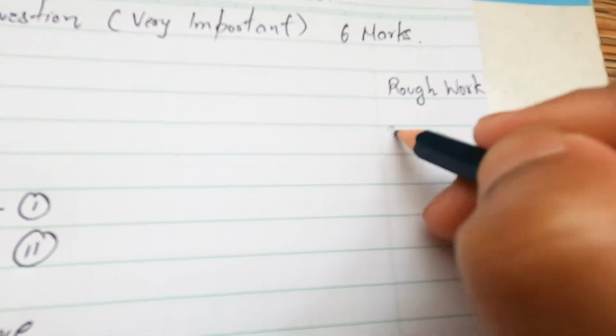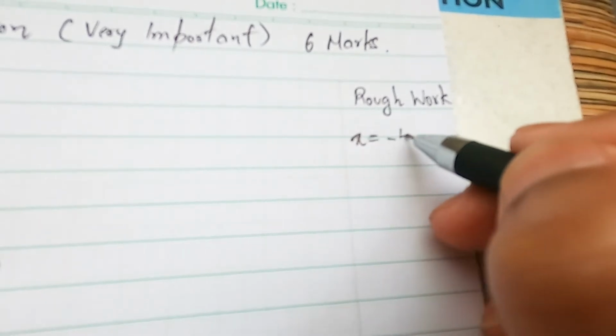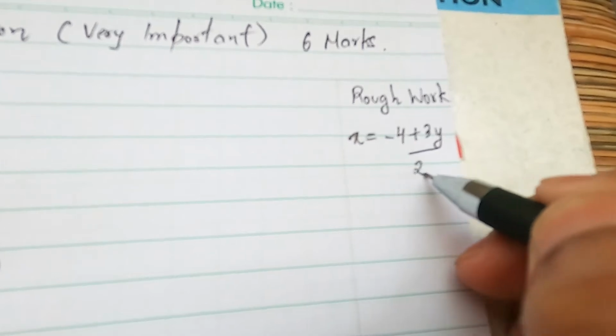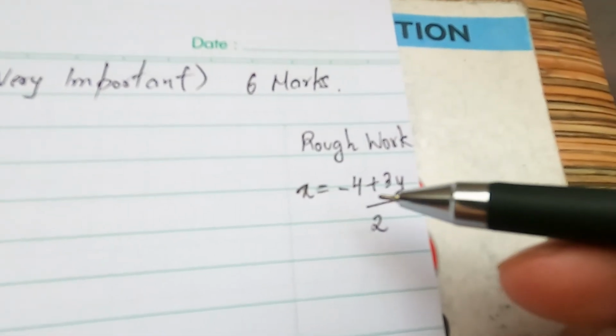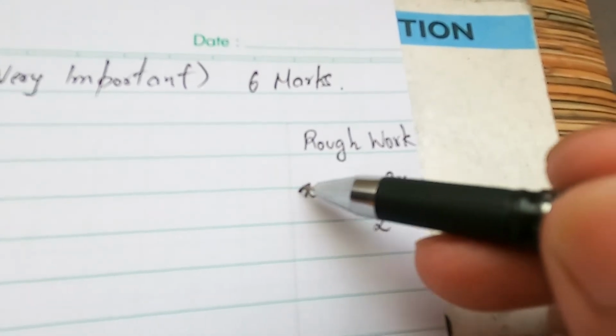So x is equal to minus 4 plus 3y by 2. In the rough portion you can write by pencil, so I will be writing by pen. All right, this part is very important. What we will do first is find the value of x.